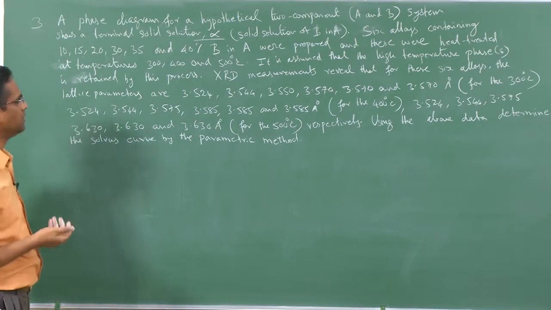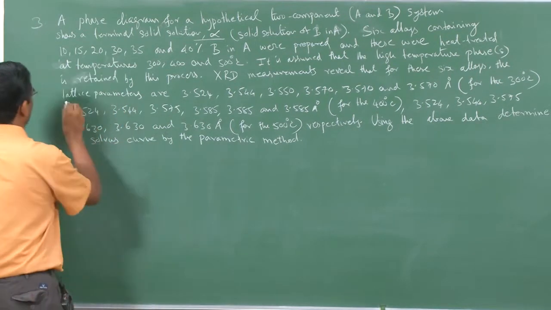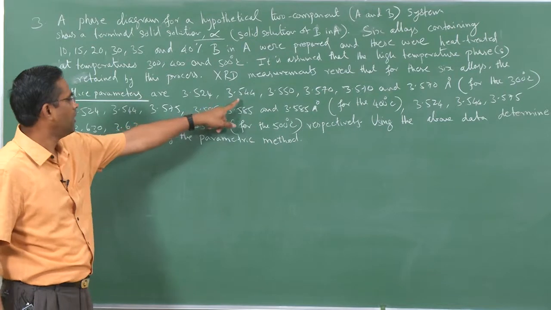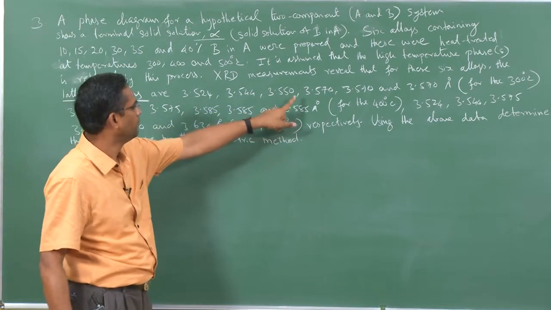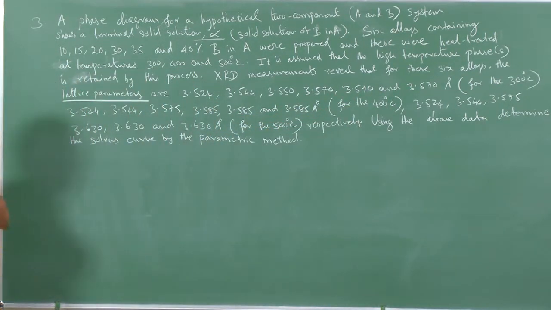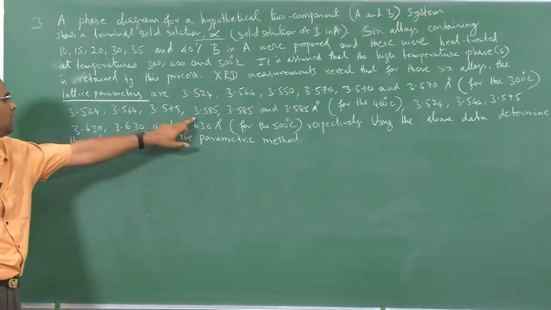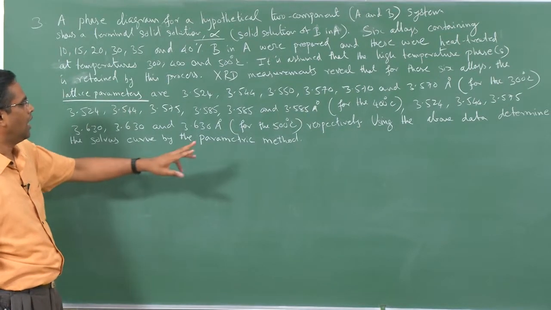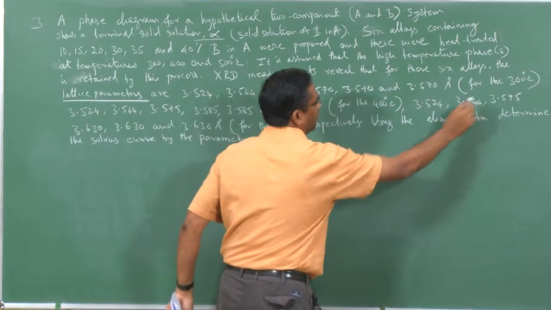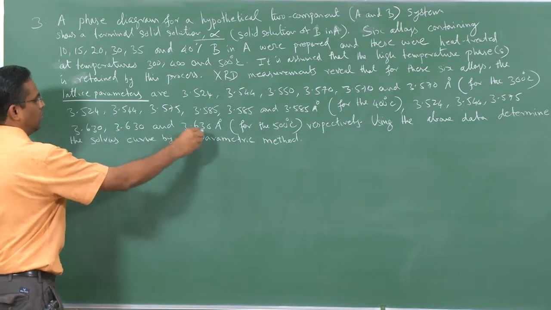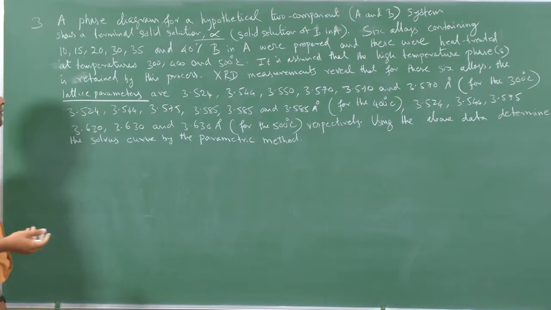XRD measurements reveal for the 6 alloys the lattice parameters: 3.524, 3.544, 3.550, 3.57, 3.57 and 3.57 angstroms for 300 degrees centigrade; 3.524, 3.544, 3.575, 3.585, 3.585, 3.585 angstroms for 400 degrees centigrade; and 3.524, 3.544, 3.575, 3.630, 3.630, 3.630 angstroms for 500 degrees respectively.